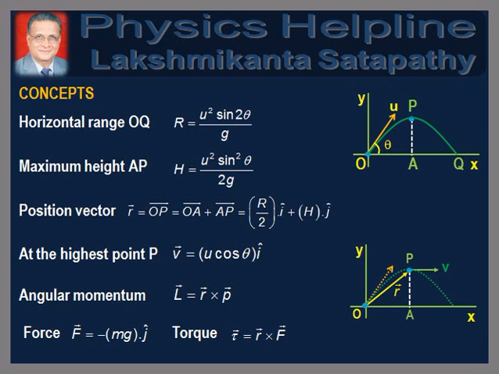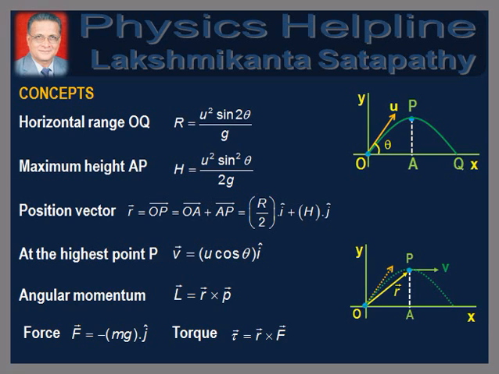Therefore, we write r is equal to R by 2 into i cap plus H into j cap. Now, the particle at P moves parallel to x-axis and its speed is u cos theta. Therefore, we write v is equal to u cos theta into i cap.